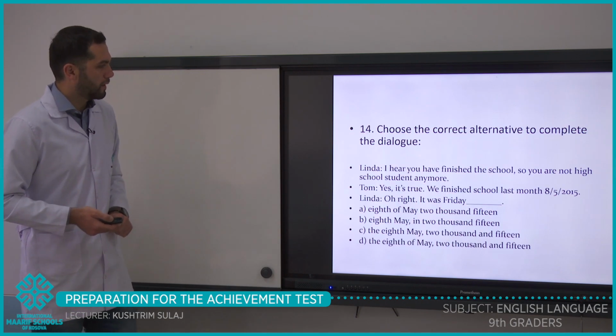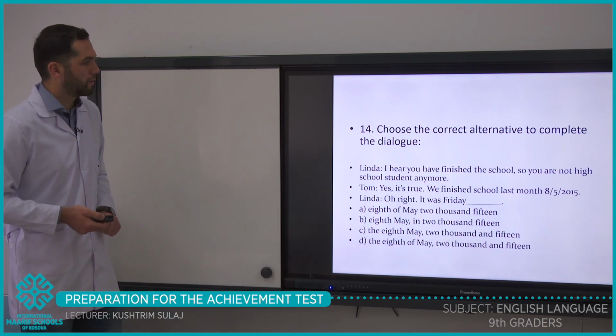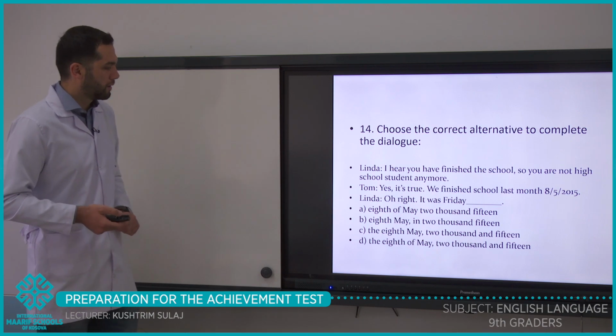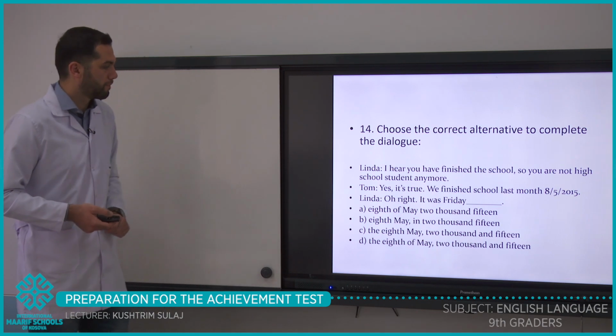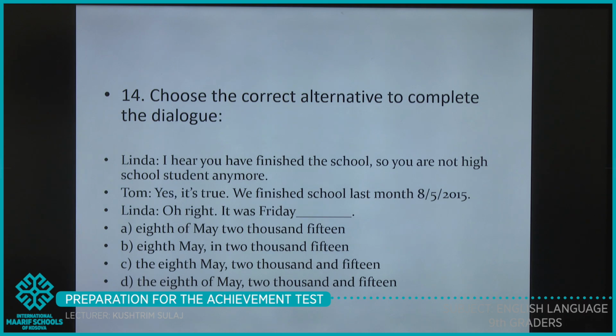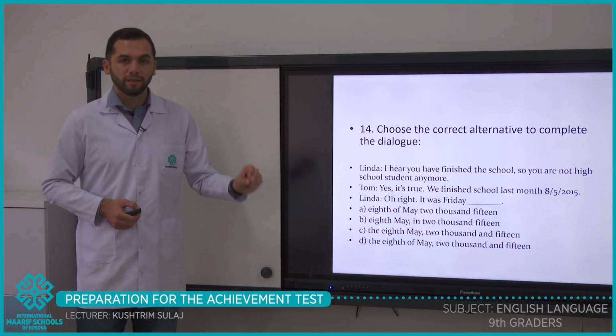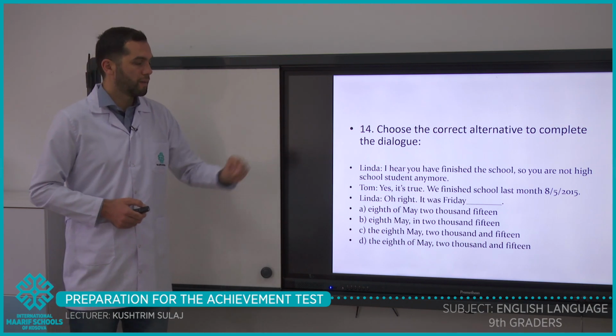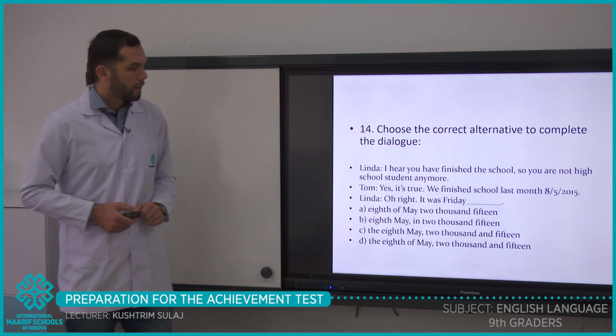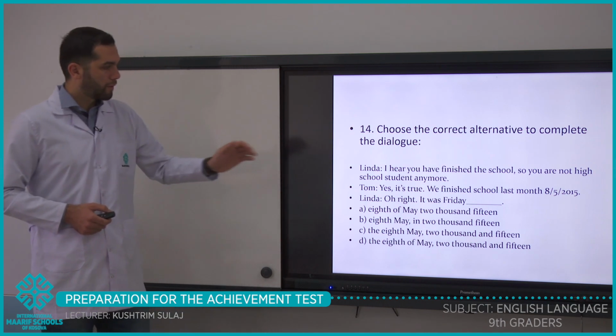Number 14, again, we have to choose the correct alternative to complete the dialogue. The dialogue is between Lënda and Tom. Lënda is saying, I hear you have finished the school, so you're not a high school student anymore. Tom, yes, it's true, we finished school last month. And then Lënda, all right, it was Friday. This is the topic about dates, reading dates, months, and years. Maybe you have to go further with this.